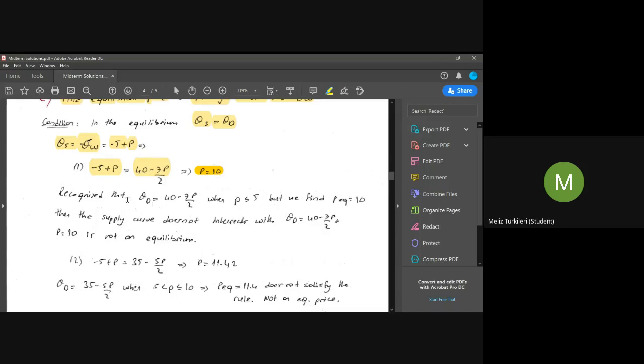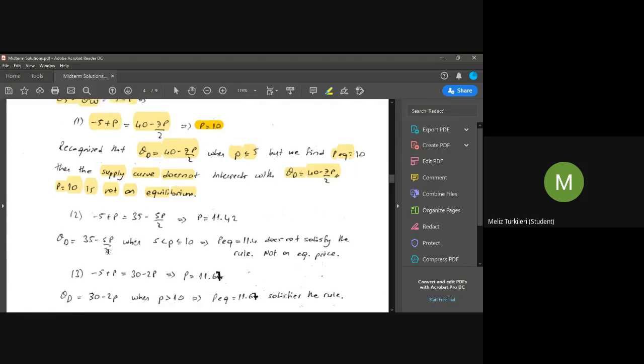But recognize that this demand applies when the price level is lower than 5. But we found the equilibrium price as 10. So the supply curve does not intersect with these demand levels, because when the price is higher than 5, we do not have these demand levels. So when the price is 10, this is not our equilibrium.